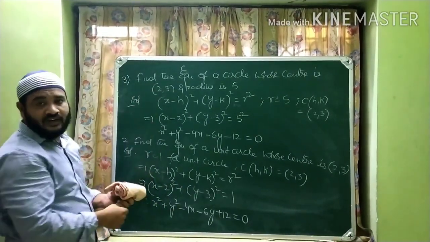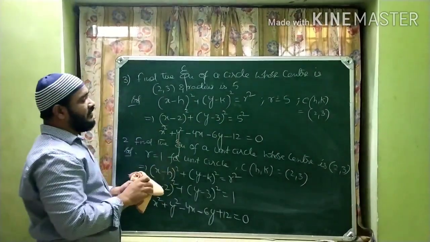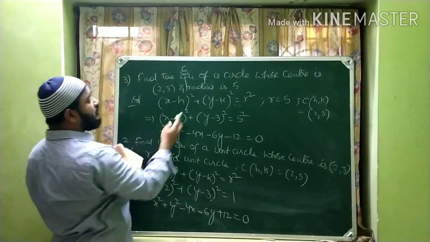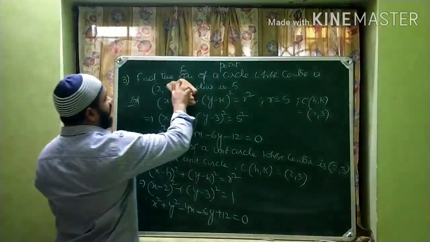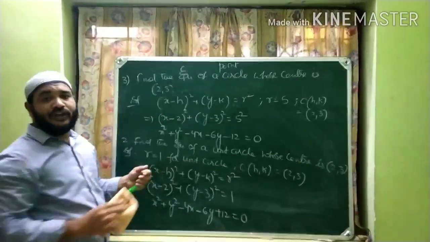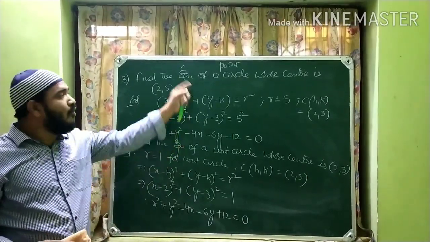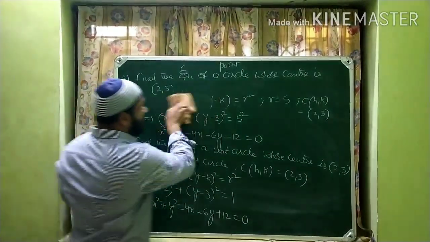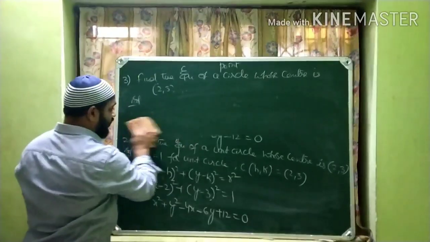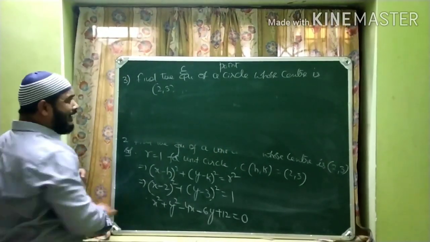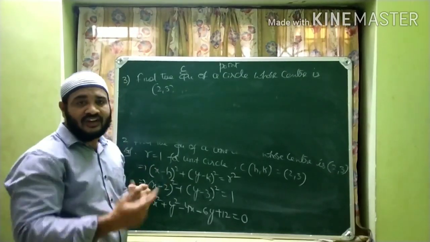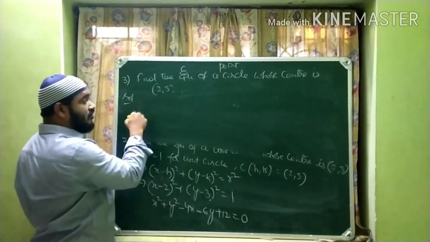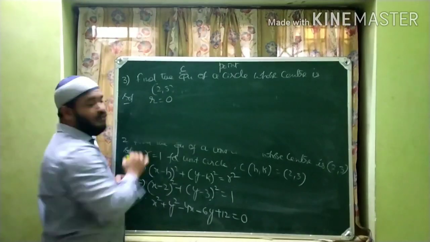Likewise, the third example is: find the equation of the circle whose center is (2, 3), that is, find the equation of a point circle. So we need to find out the equation of the point circle now. Needless to say, what is the radius of a point circle? We have discussed before. r equals 0.